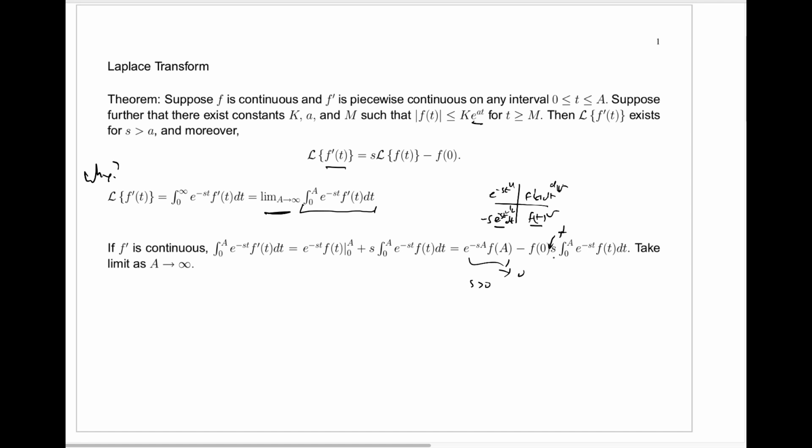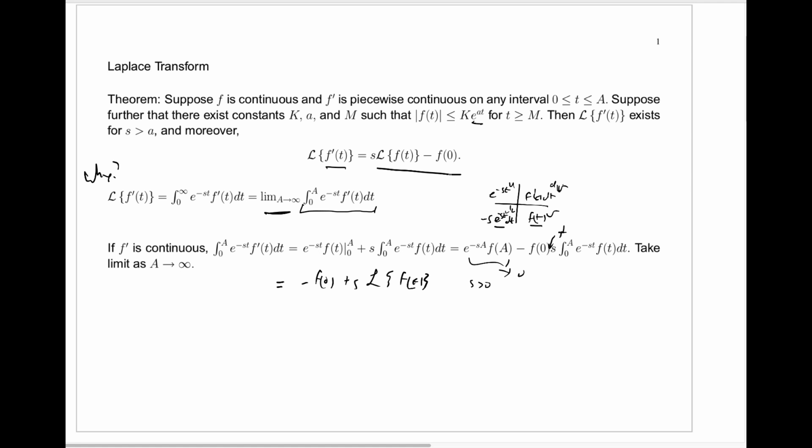And then what you're left with is exactly minus f of 0, plus the limit as a goes to infinity of this piece, which is exactly s times the Laplace transform of f of t, which is exactly what we have up here.